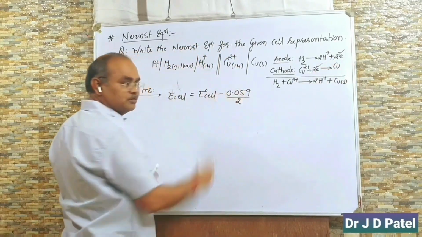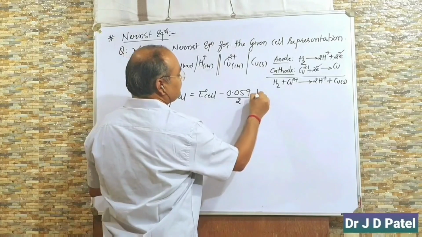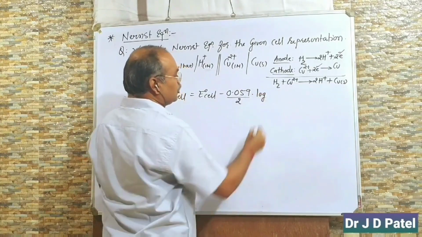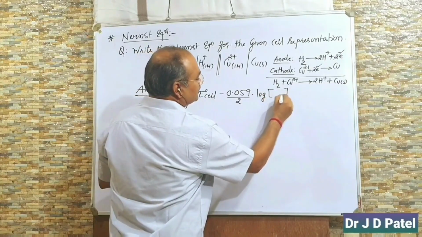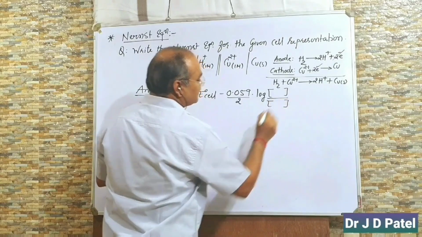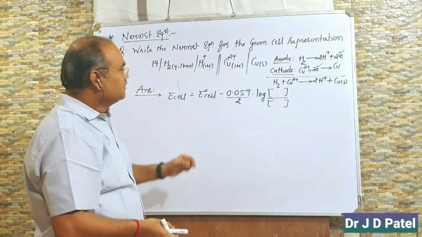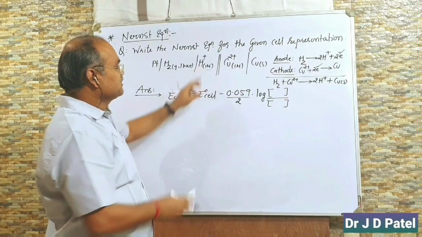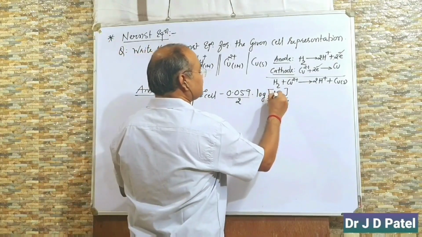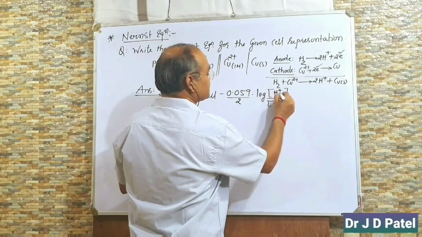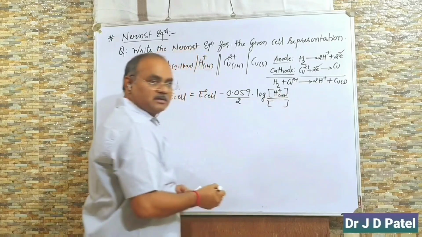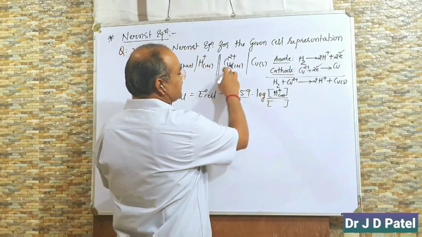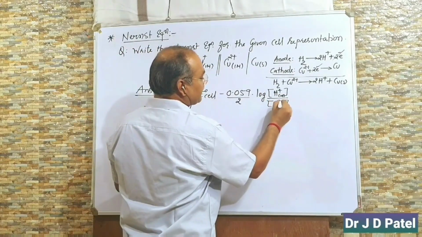Into log of, I told you the concentration of the ion will be at the anode. Who is the anode? H plus. So here it will be the concentration of H plus aqueous, and divided by the cathode. Who is the cathode? Cu2 plus. Now is it correct? No. Why?